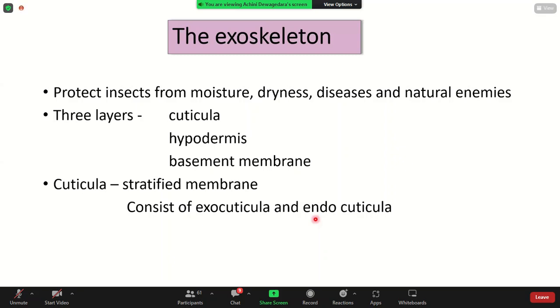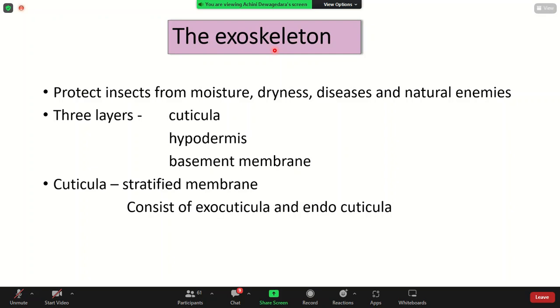What is exoskeleton? What is skeleton? Skeleton is the bone system. Right? We have bones inside our body.